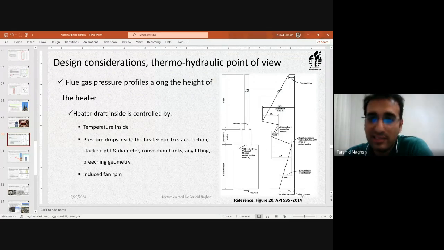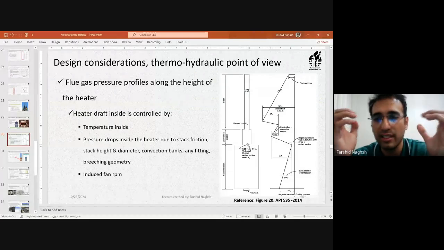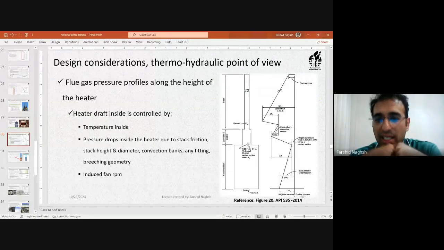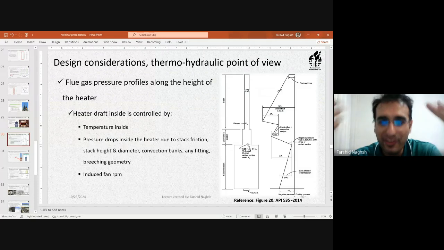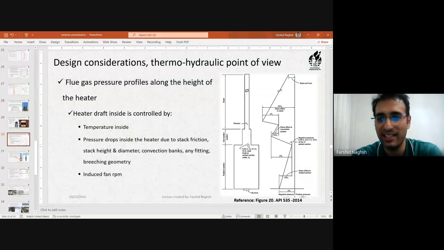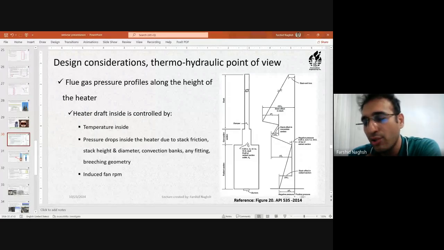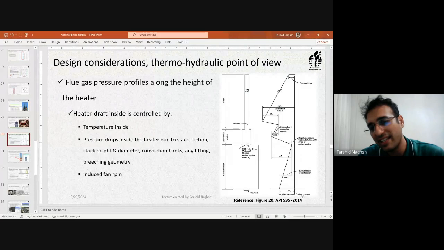So if I manage to keep the flue gas pressure here below atmospheric pressure, I am sure that everywhere else the pressure of the flue gas is definitely negative. So the negative pressure criterion applies here. You have to make sure that here the pressure of flue gas is negative.